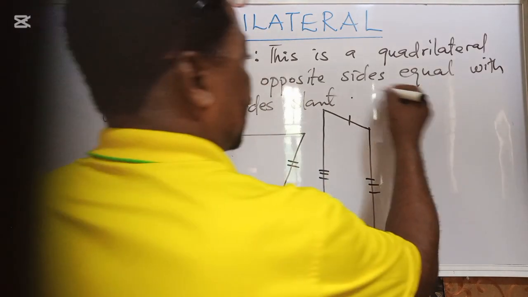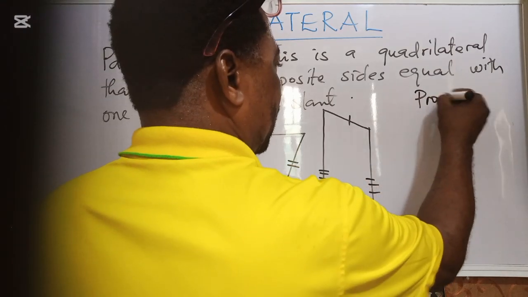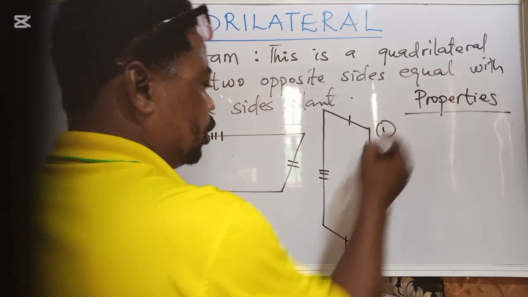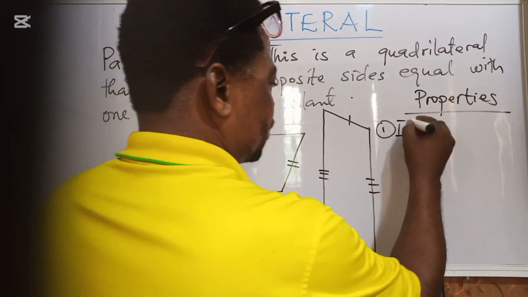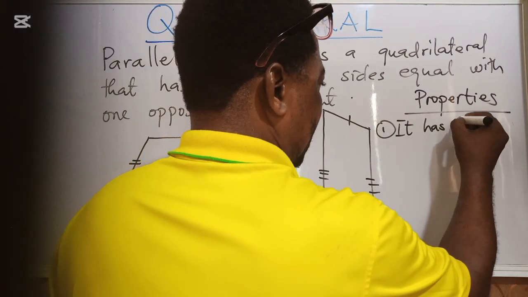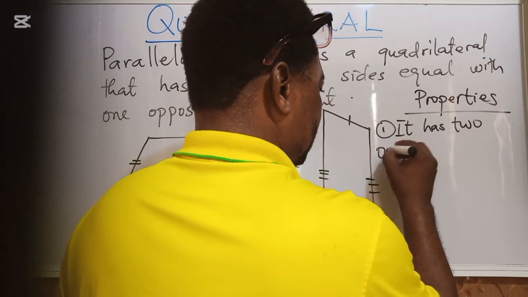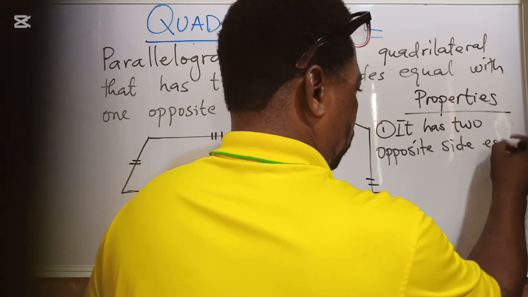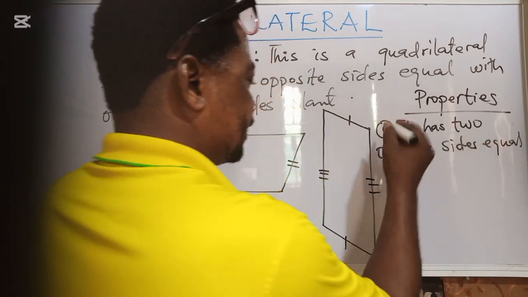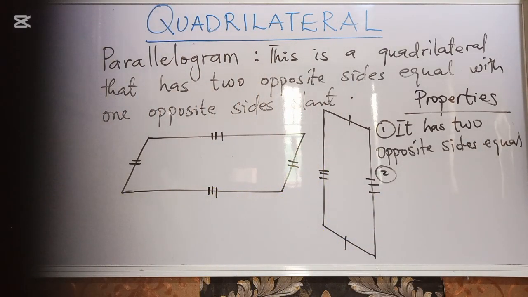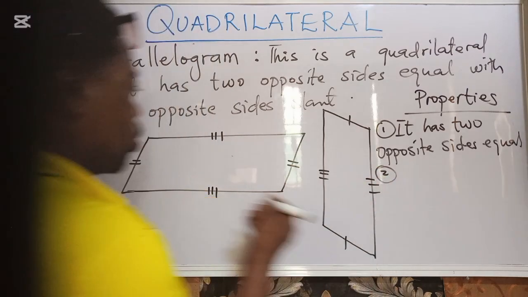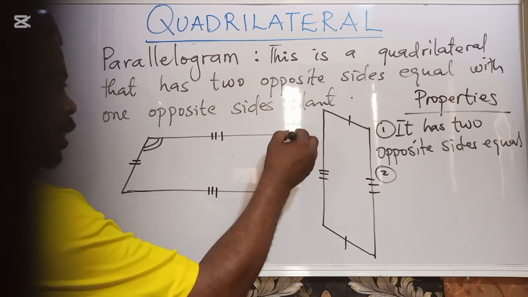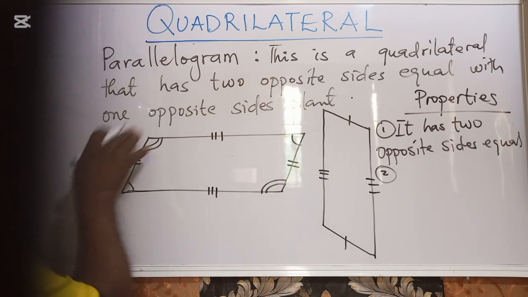So apart from the 3 properties we've known before, let's take like 2 to 3 more. So parallelogram, just like a rectangle, it has 2 opposite sides equal. That is the first one. The second one is that the opposite angles are now equal. This angle is equal to this angle. This angle is equal to this angle because you have tossed it just like that one.